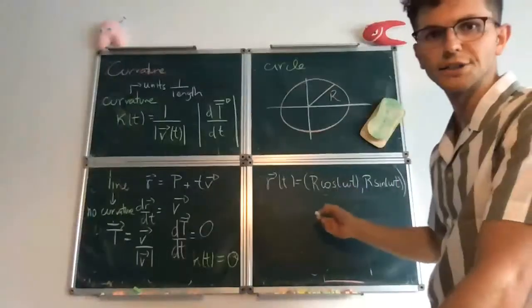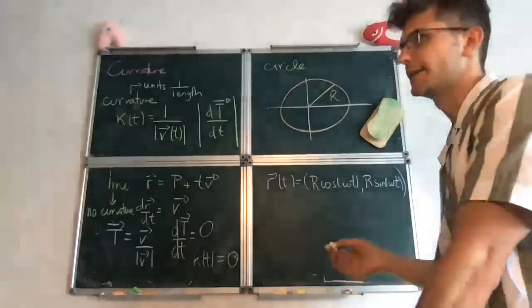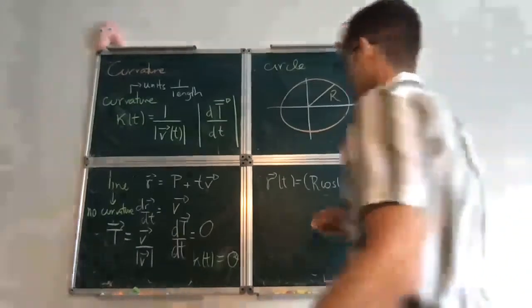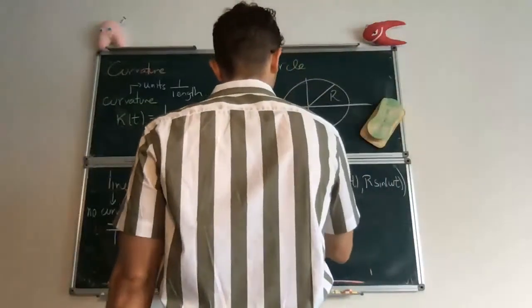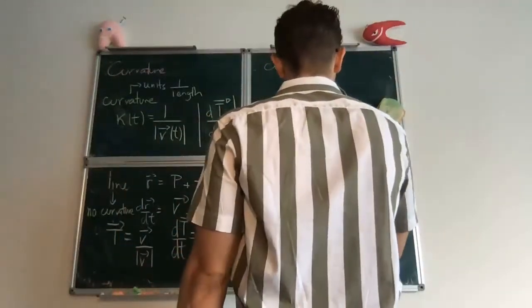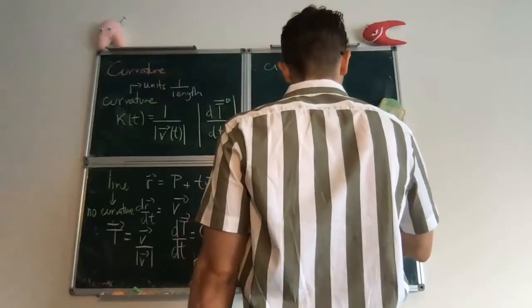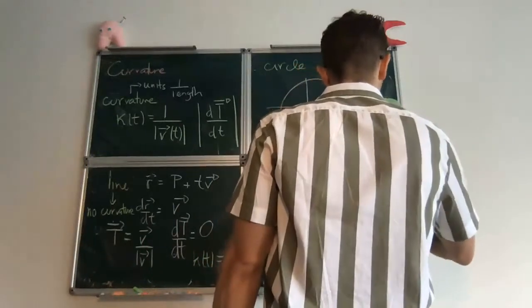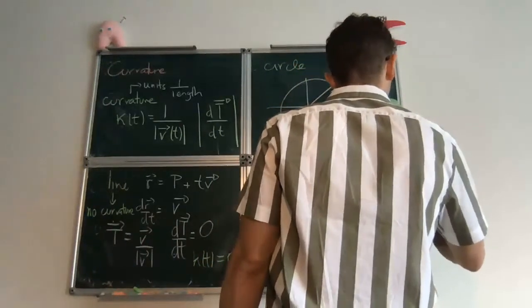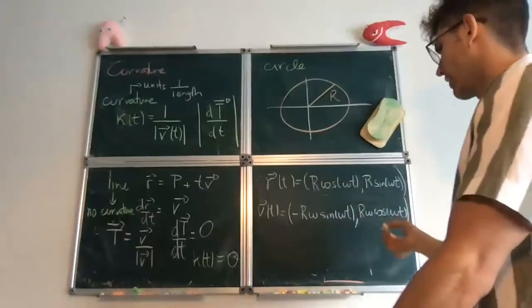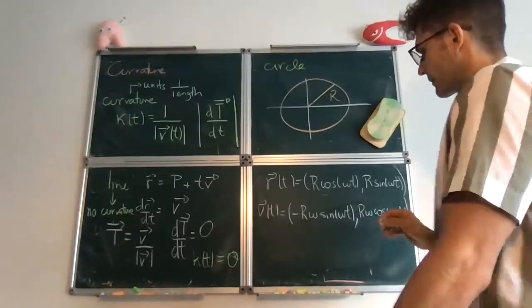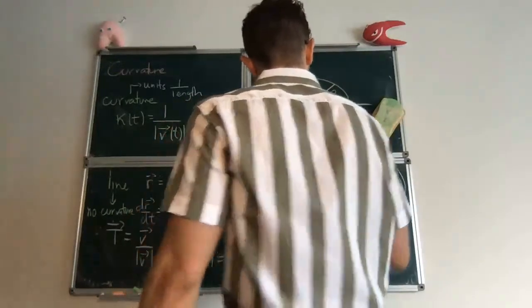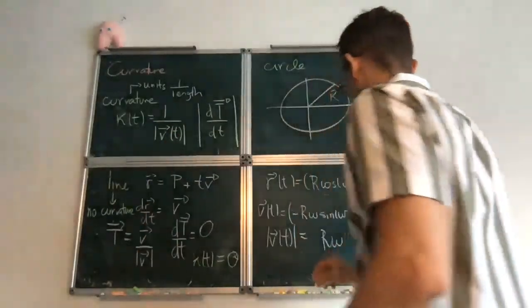Omega here is a constant, which is known as the angular velocity. And so the velocity in this case gives you minus r omega sine of omega t, and then r omega cosine of omega t, and then the speed is r times omega.